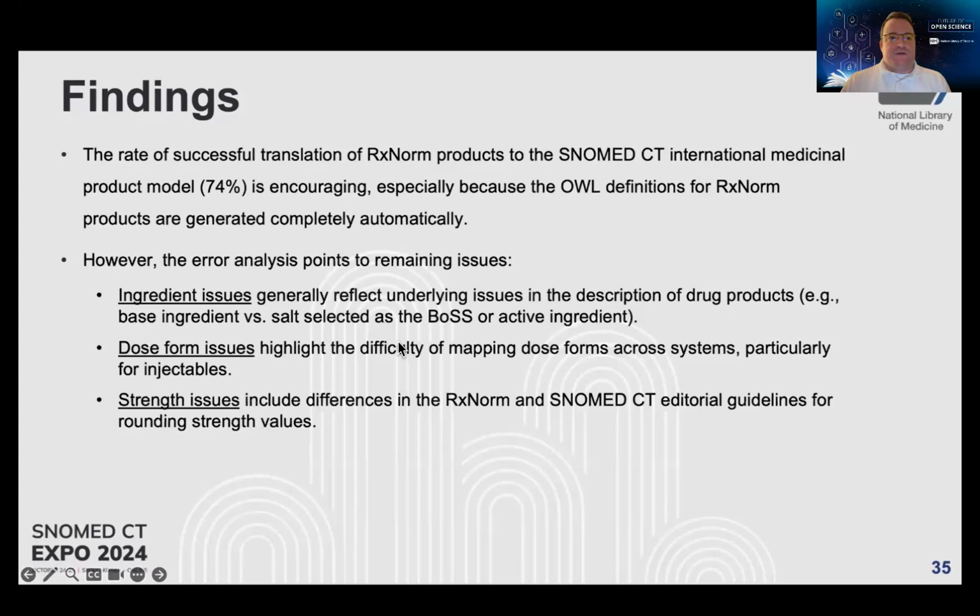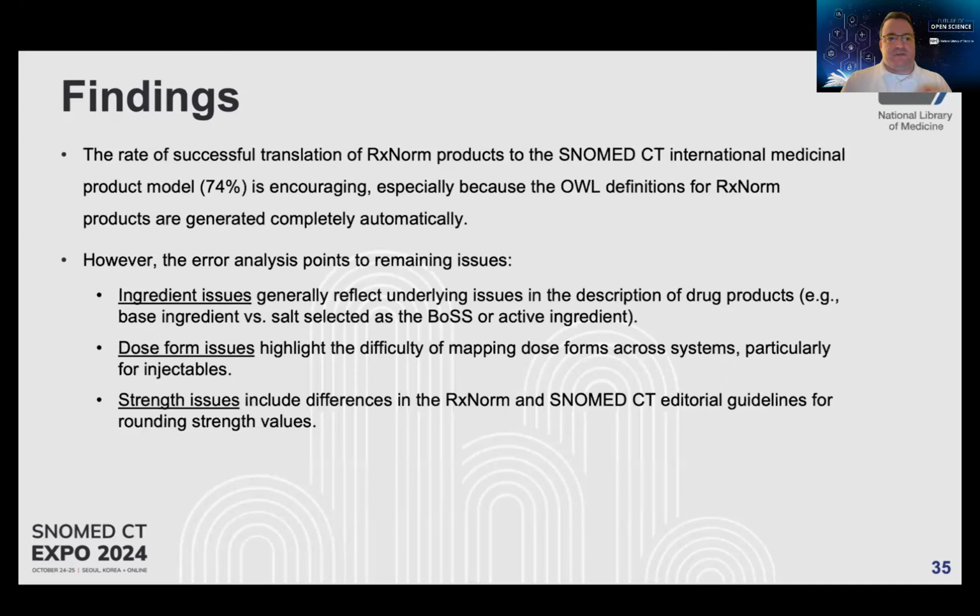So what are our findings? The rate of translation from RxNorm products to SNOMED CT IDMP is encouraging at 74%, especially because OWL definitions for RxNorm products are generated completely automatically. However, the error analysis points to remaining issues.